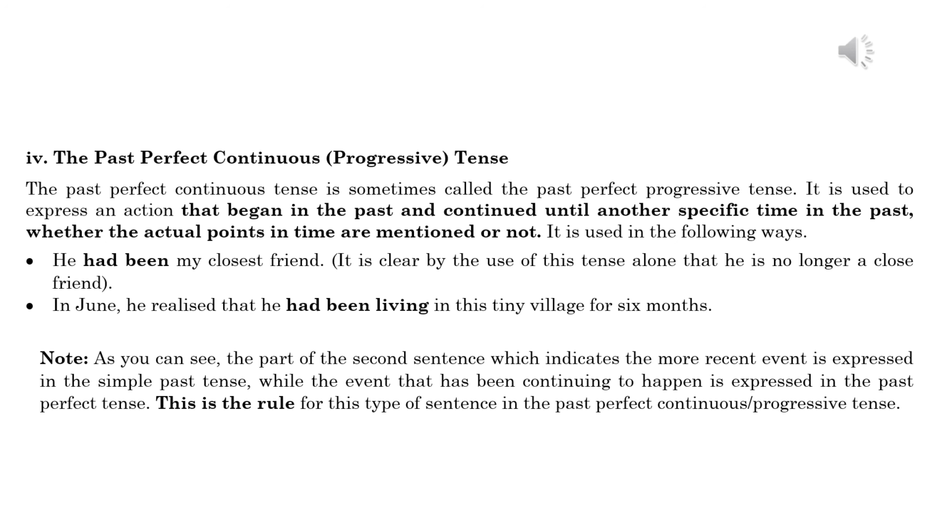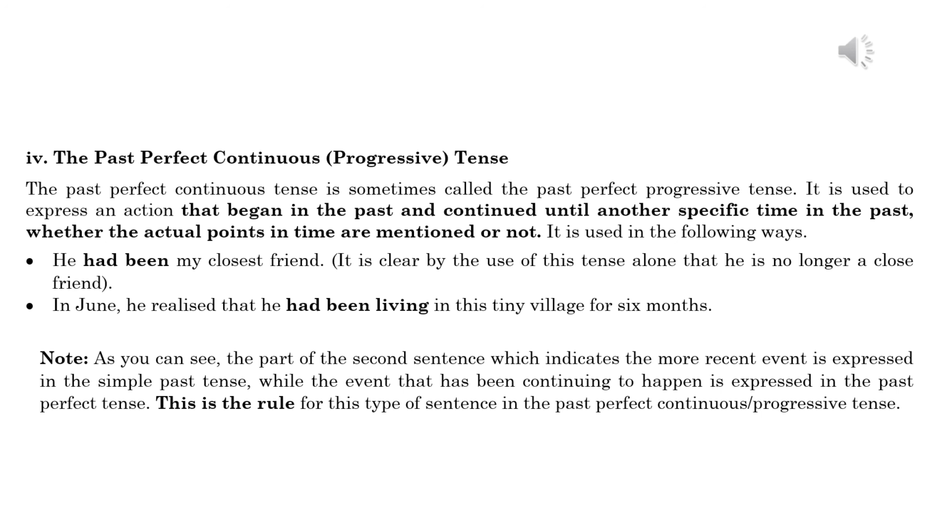In June, he realized that he had been living in this tiny village for 6 months. Note: as you can see, the part of the second sentence, which indicates the more recent event, is expressed in the simple past tense, while the event that has been continuing to happen is expressed in the past perfect tense.